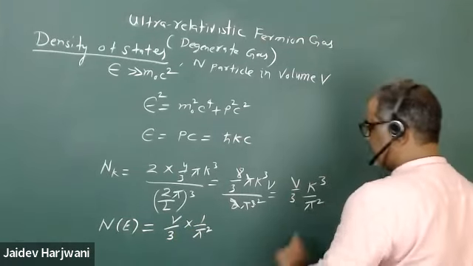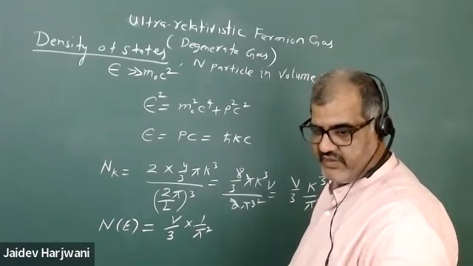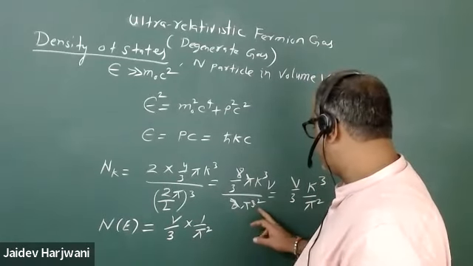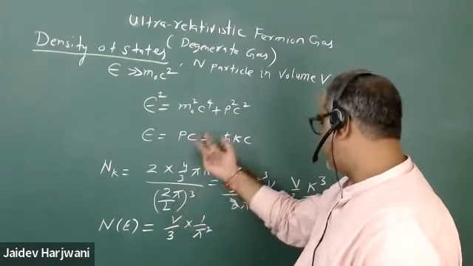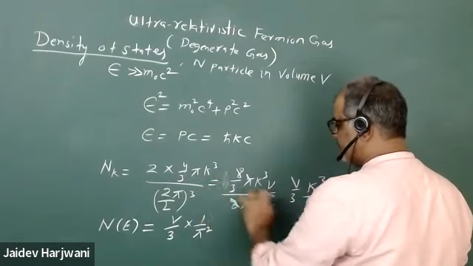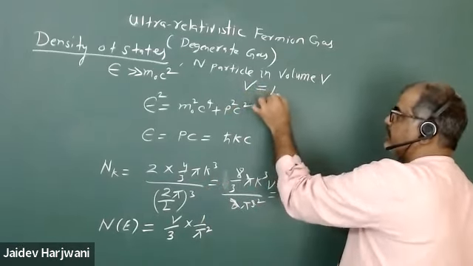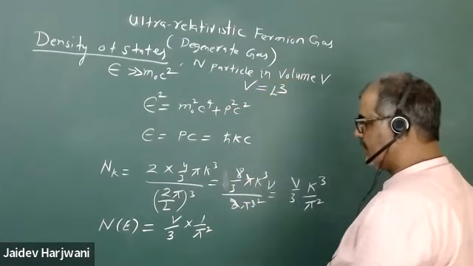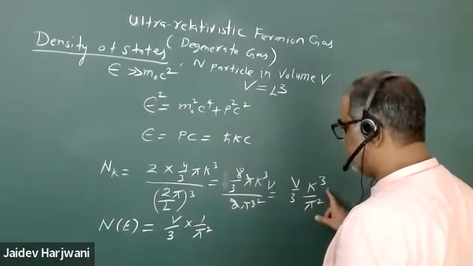Student: Sir, why do we put V here? V means volume, right? Yes, V is volume. L cube was there, so this L cube came. Let me write L cube here. This L cube is the volume V. So here I have V by 3, 1 by pi square, k cube.